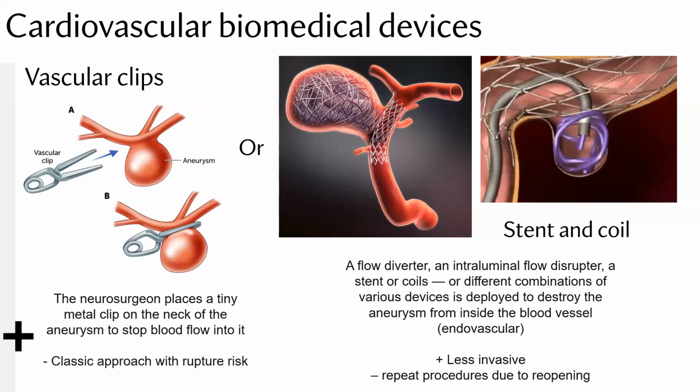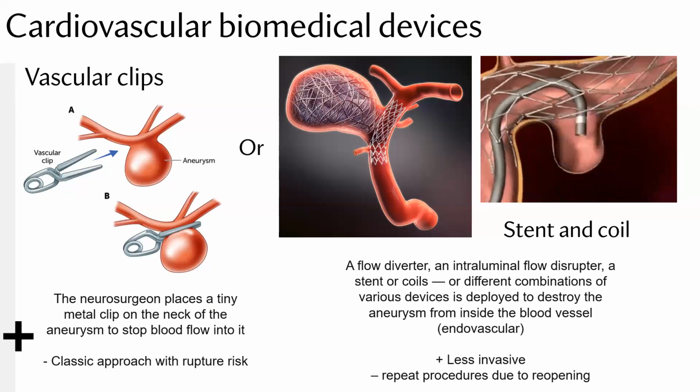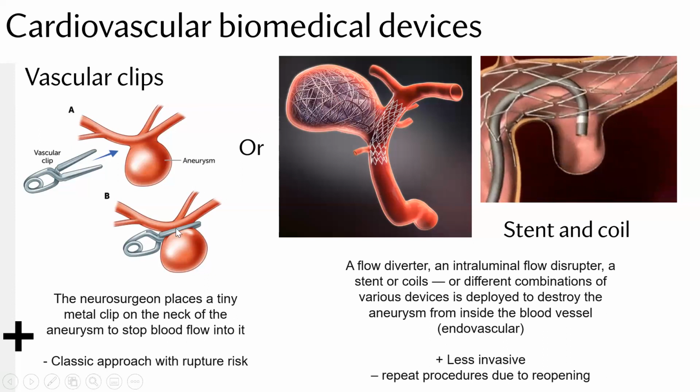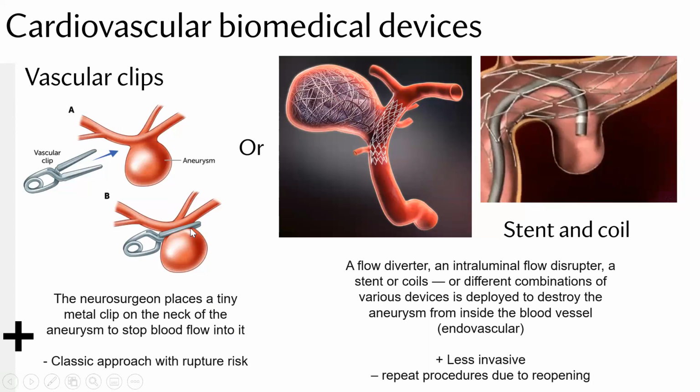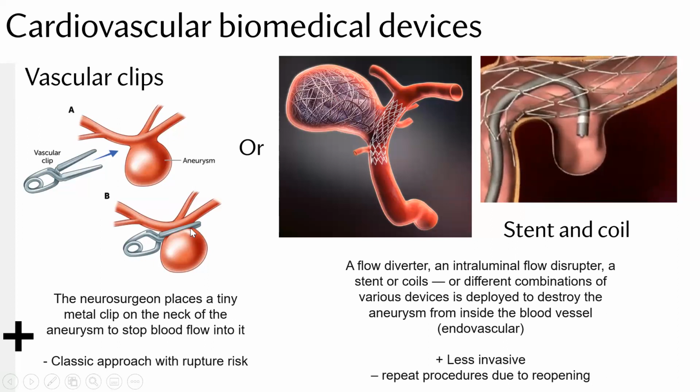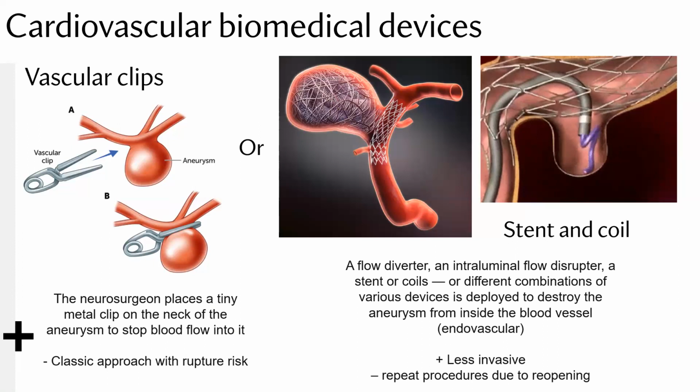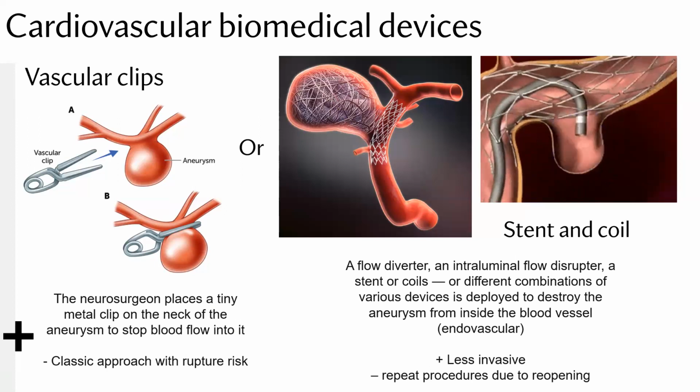So there are two approaches. In the old days, the main approach was using clips, and these vascular clips that you can see on the left-hand side would clip the aneurysm, stopping any flow from going inside. The problem was really the rupture risk when you apply this, and afterwards you have a chance of this clip rupturing the aneurysm. It's a very delicate region of the tissue.